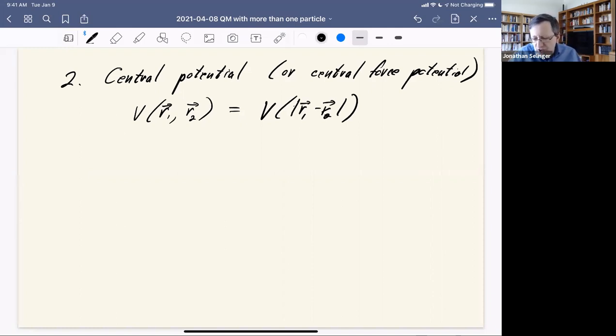Okay, so this R1 minus R2 vector is the vector that goes from one to the other. And then if you take the absolute magnitude of that vector, that's the distance between one particle and another. Okay, so this is the distance between 1 and 2.